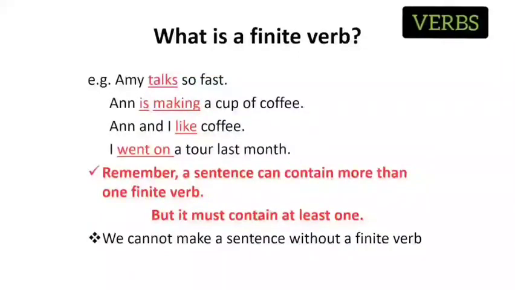If I say, walking on the street I saw a tiger, walking on, this ing verb does not take any helping verb, so it is going to be non-finite. I saw, that means I did see, takes a helping verb, so it is going to be finite.